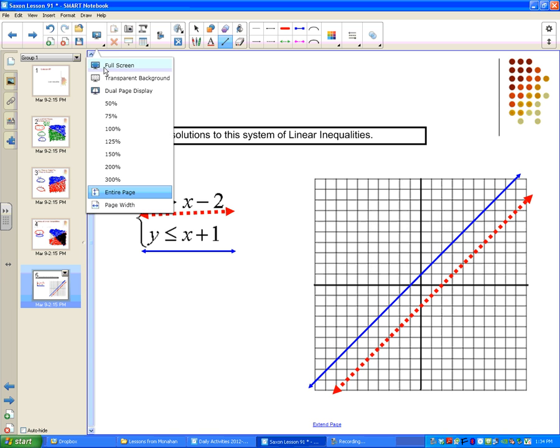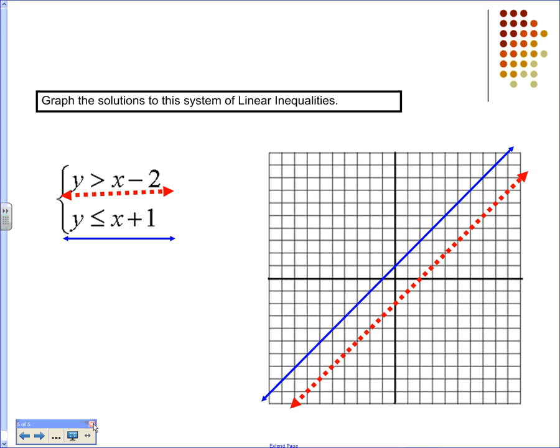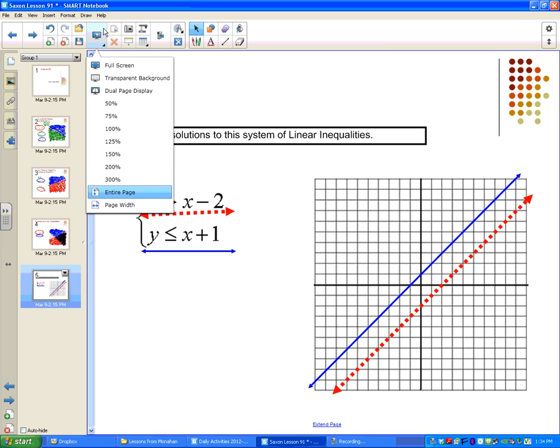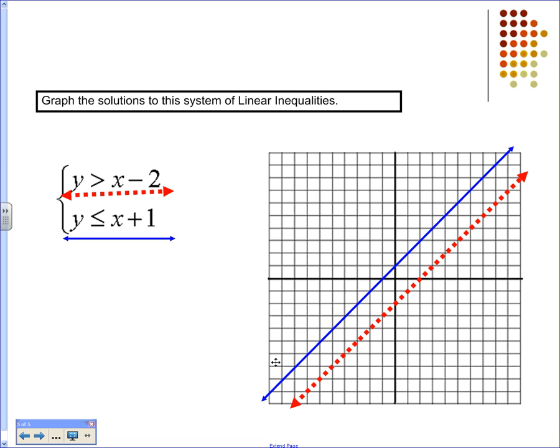Yeah, it is. So I need to go over how to graph that part of it. Okay, someone go shade the part for the top inequality. Just the red one. Okay, someone go shade the part for the blue.